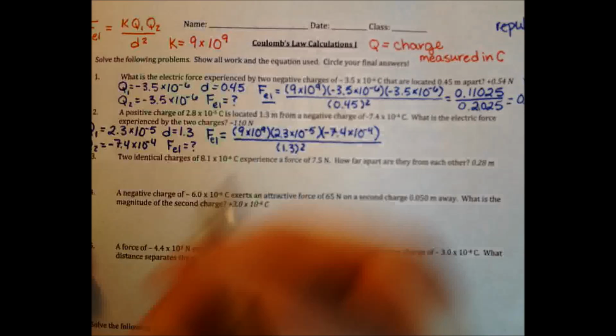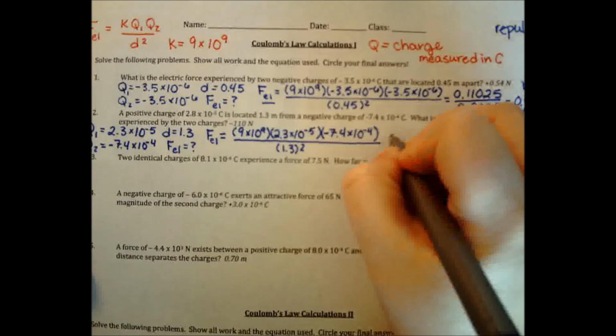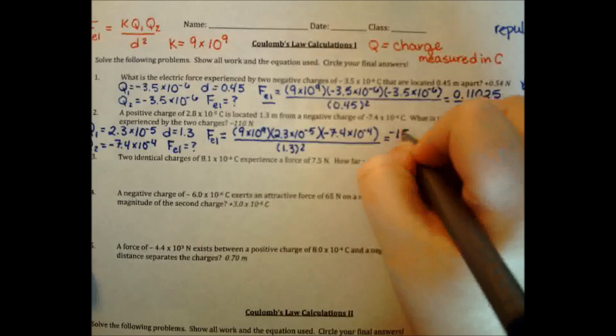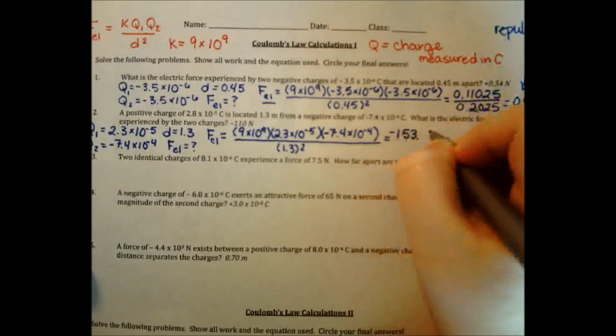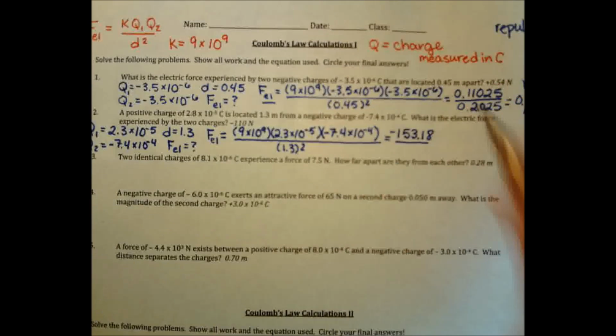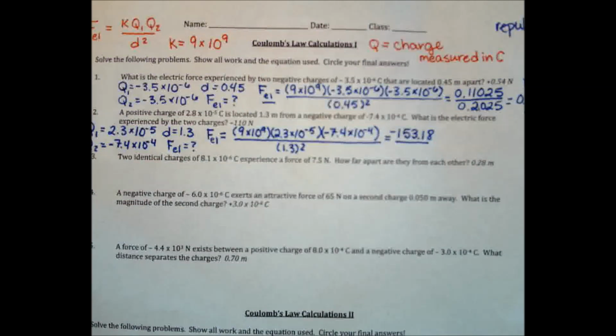Alright, so for that whole numerator bit, I got negative 153.18. And then I immediately did something wrong in my calculator.